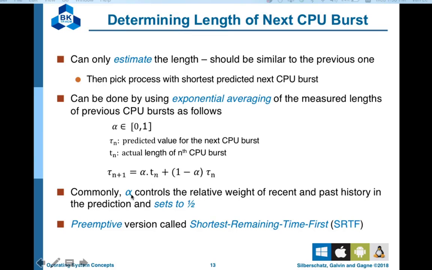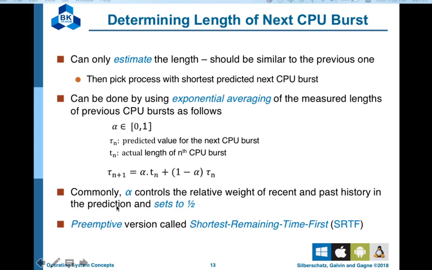If alpha is close to 0, it means the predicted value is based only on the previous predicted value. And if alpha is close to 1, it means the predicted value is based on the real value, not considering the previous prediction.